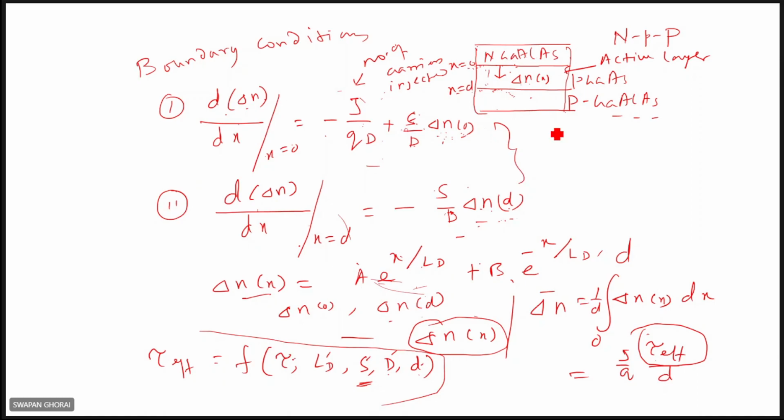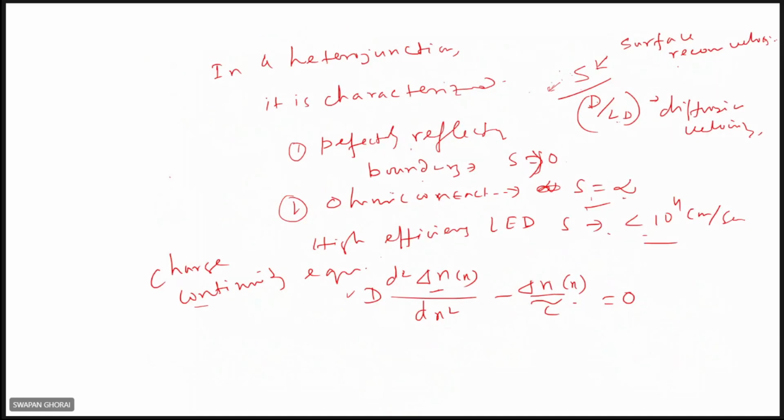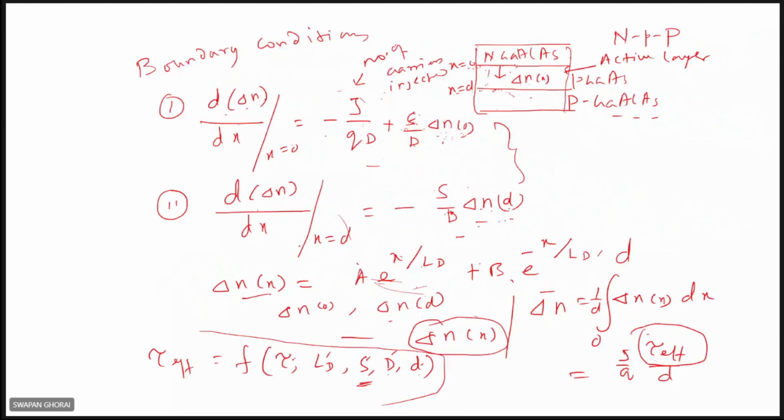With the help of these boundary conditions, we can solve the charge continuity equation. What is the charge continuity equation? You can see it here. We can assume a second order differential equation, so we can assume the solution in this form: a e to the power x by LD plus b e to the power minus x by LD.